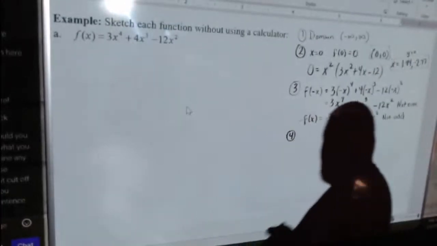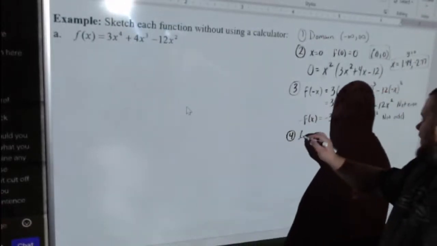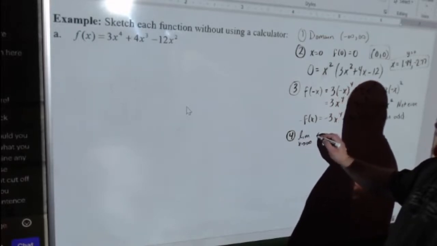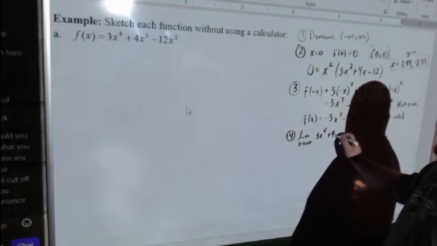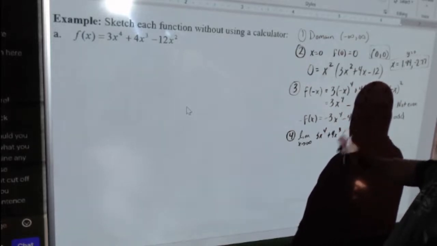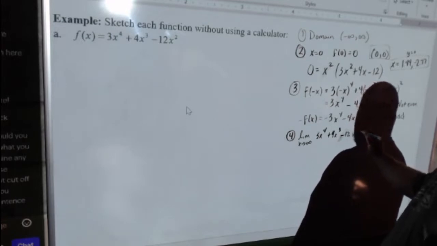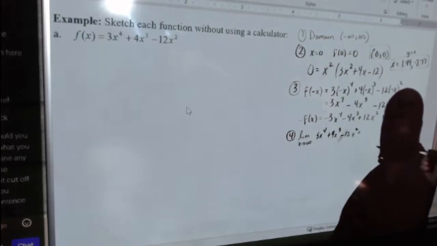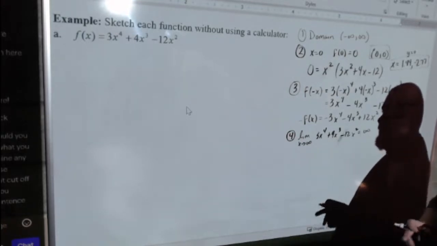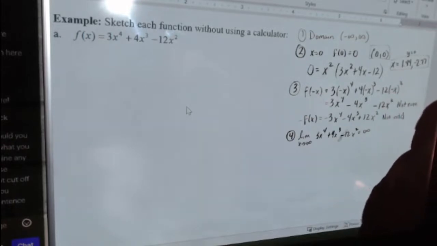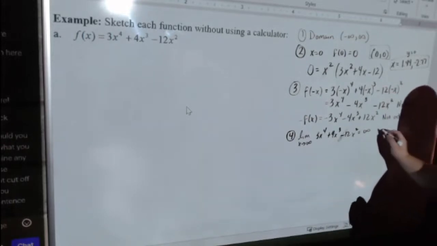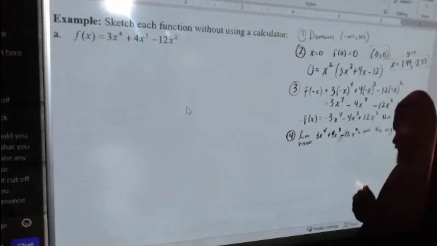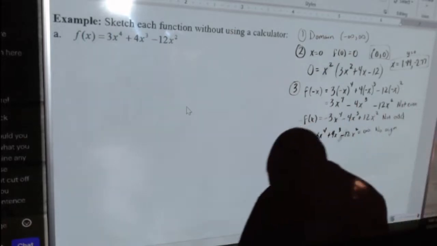We do that by taking the limit of the entire function as x approaches infinity. Well, that's pretty straightforward. This thing's going to be some kind of infinite value, so there's no horizontal asymptote. So no asymptotes at all, right? No vertical, no horizontal.